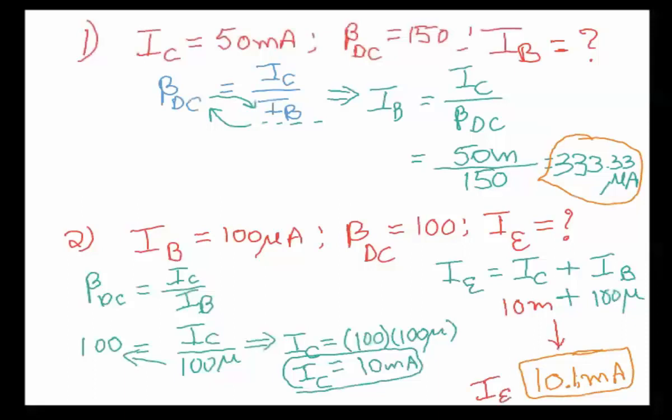You see that emitter current is always going to be the highest current, which is 10.1 milliamps, whereas the collector current is only 10 milliamps because the base is only 100 micro. You just need to see how we can use these formulas, but you can definitely find the rest of the currents if the beta DC and at least one value of current is known.